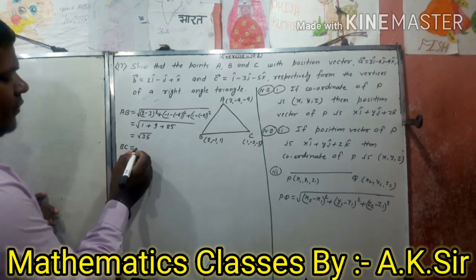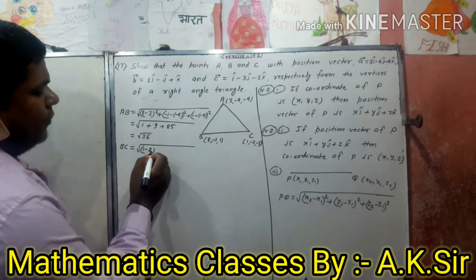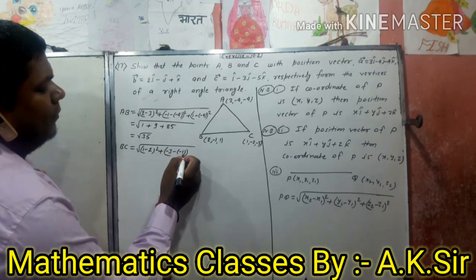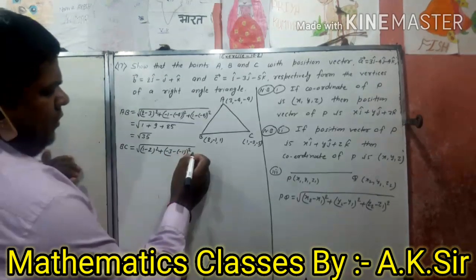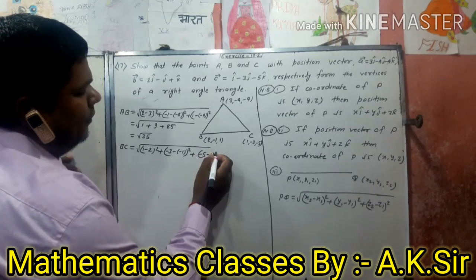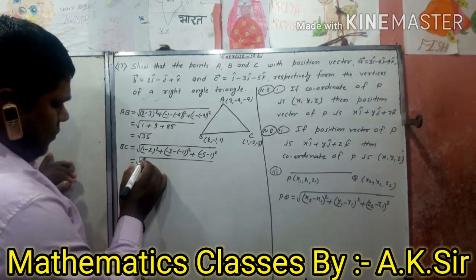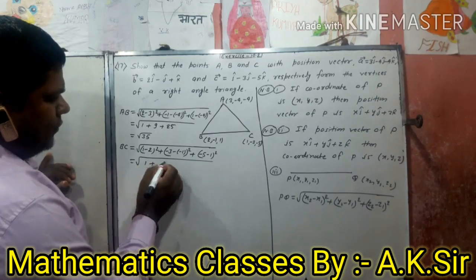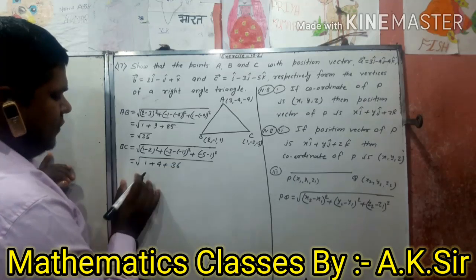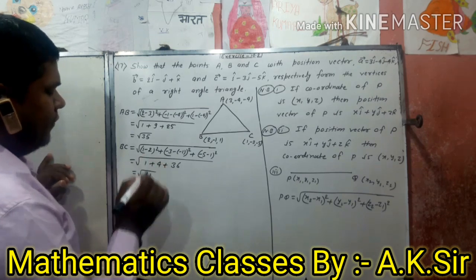BC is equal to the square root of (1 minus 2) squared plus (minus 3 minus 1) squared plus (minus 5 minus 1) squared, equal to the square root of 1 plus 4 plus 36, equal to the square root of 41.